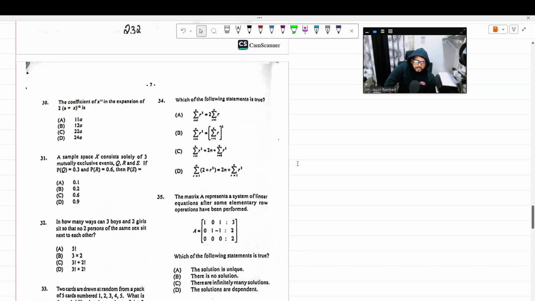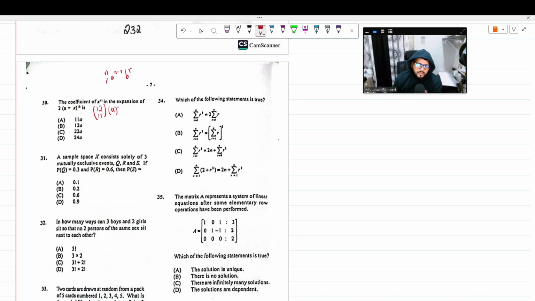The coefficient of x to the power 11 in the expansion of 2 into a plus x. In this case, we only have one x term, so r is going to be 11. So we're going to have nCr, which is 12C11. I'm forgetting the 2, I'll go multiply by 2 afterwards. nCr, a to the n minus r, b to the r.